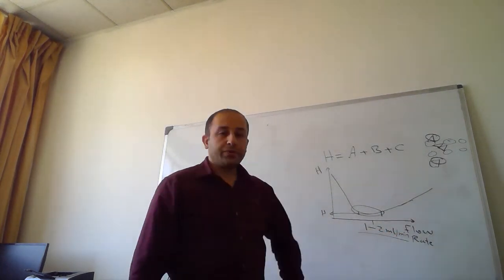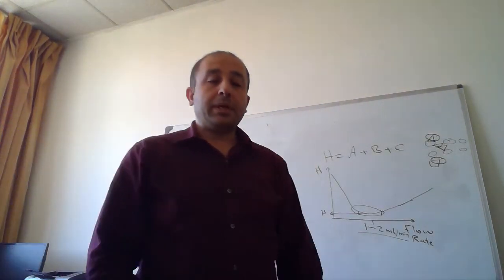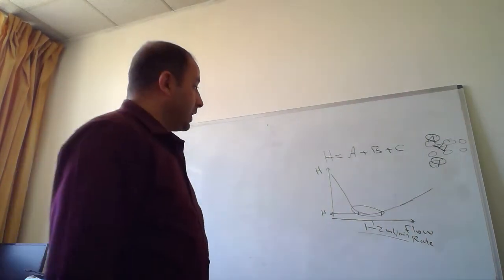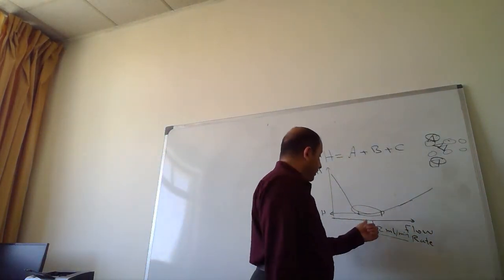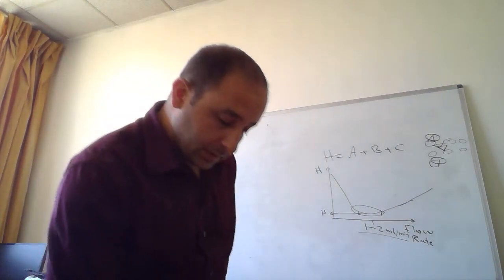So for the majority of systems, we prefer a flow rate from 1 to 2 mL per minute, but not necessarily in all systems. Okay, but this is the norm of flow rate values.